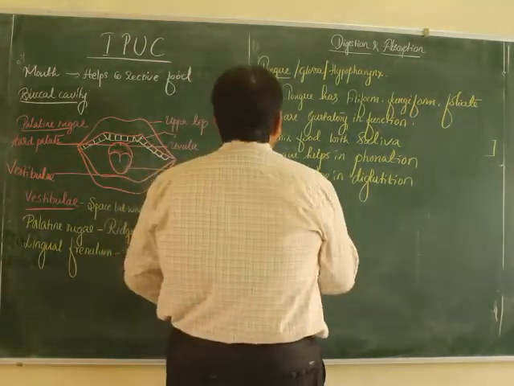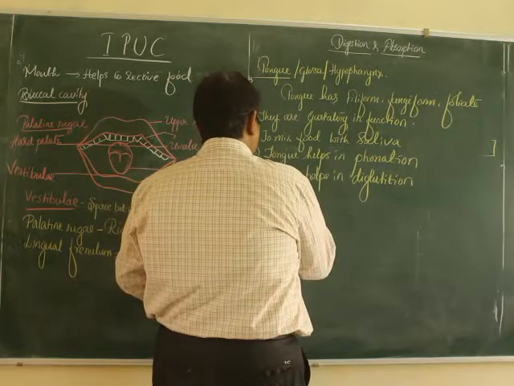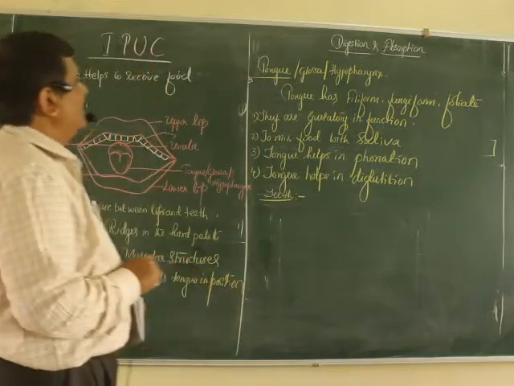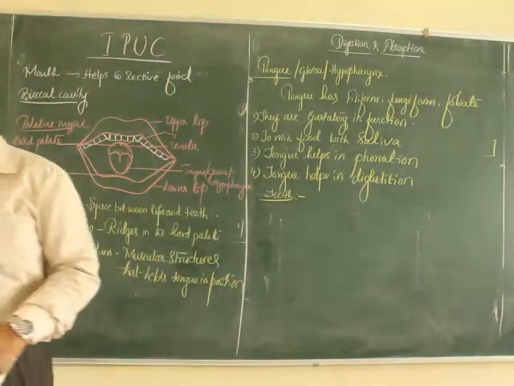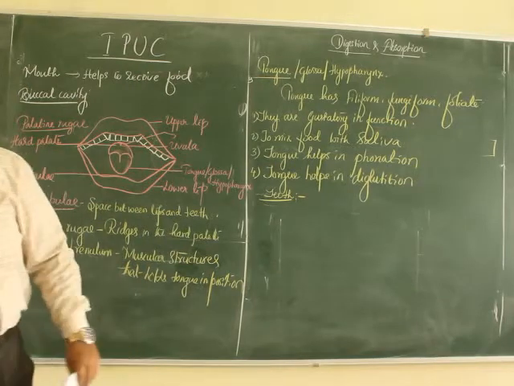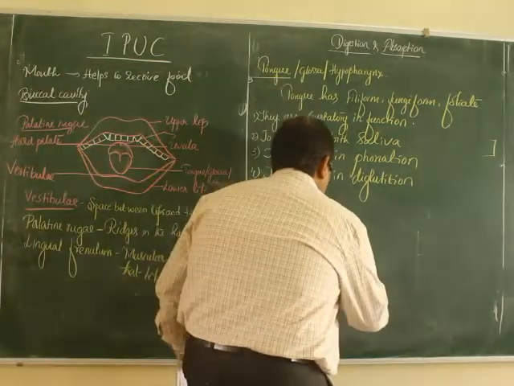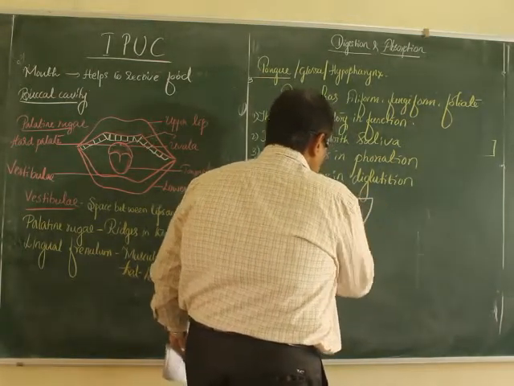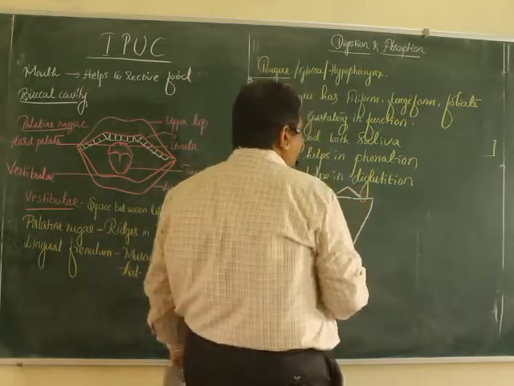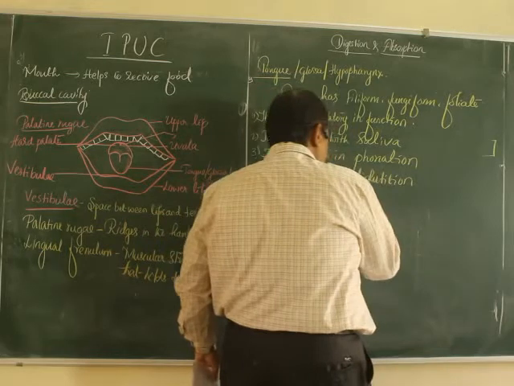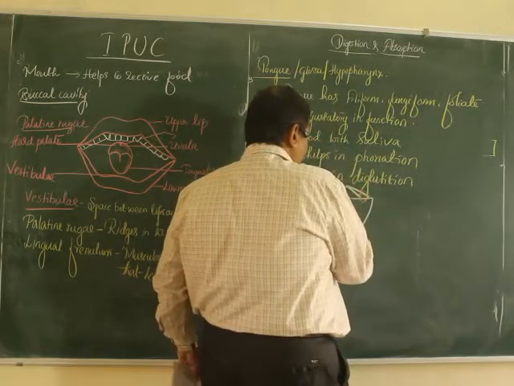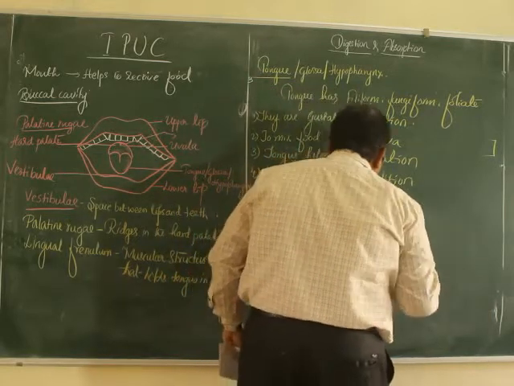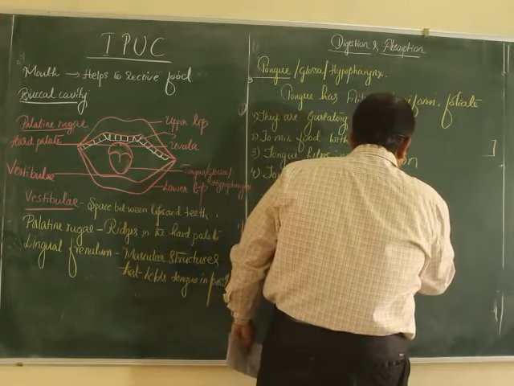After this, we should know something about teeth. Human teeth, the diagram is not there in your text, but still I will draw that. Human teeth is like this. It has the following different parts. This is the crown part.